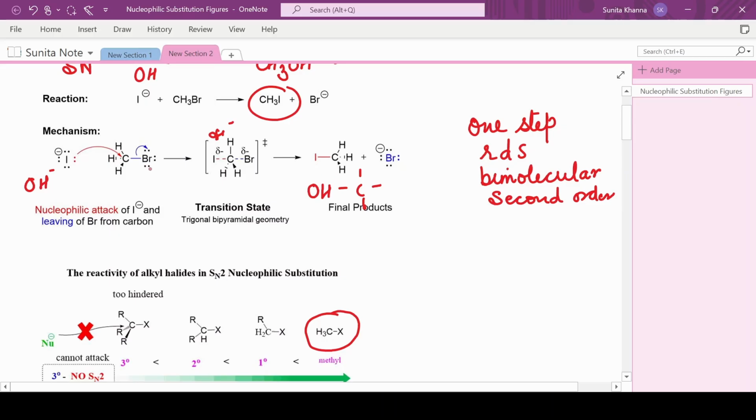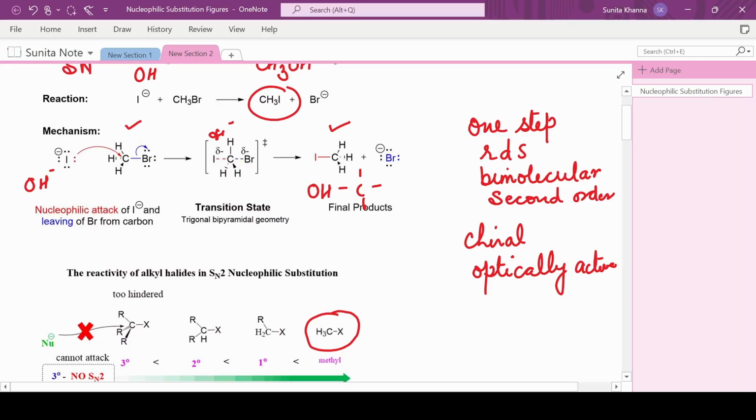And if our substrate, the alkyl halide, contains the chiral carbon atom, or it is optically active, then the product obtained will have different behavior from the reactant, the alkyl halide, which is the substrate.